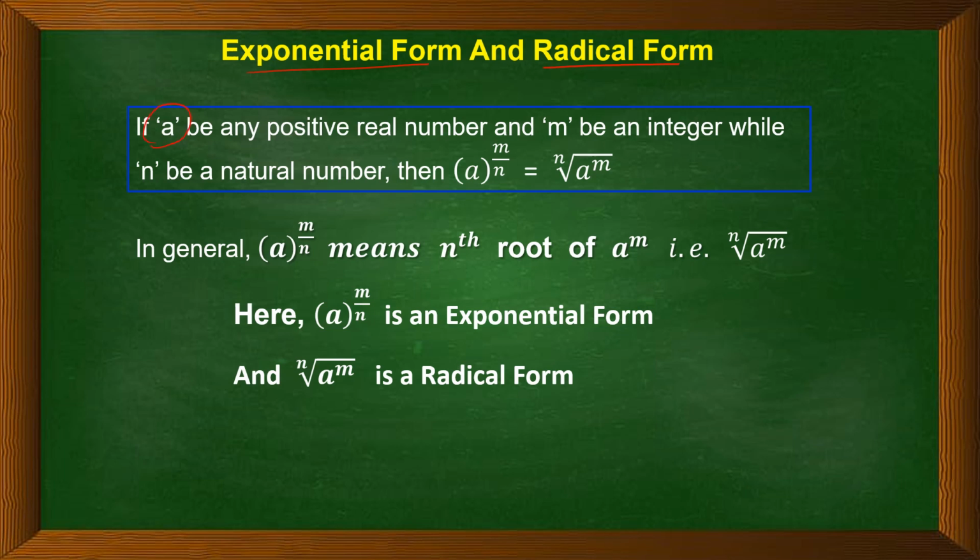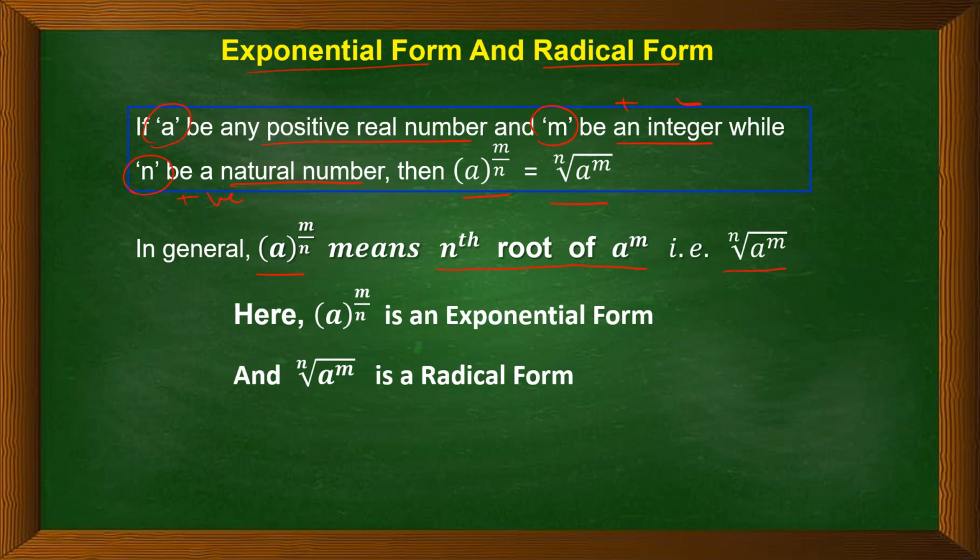If a is any positive real number and m is any integer, while n is a natural number, that means m can be positive as well as negative, whereas n is always positive, right? So we can say that a raised to power m/n is equal to the nth root of a raised to power m. In general, if we have the exponential form a raised to power m/n, in the radical form we read it as the nth root of a raised to power m.